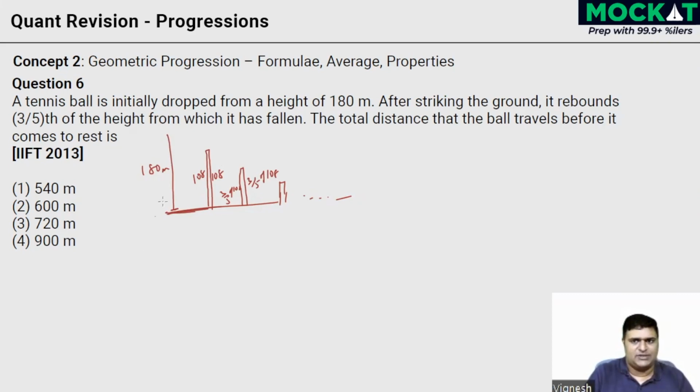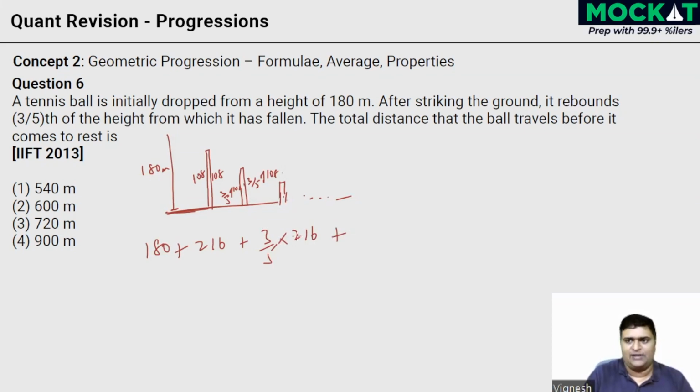So what is this sum we need to find? We need to find 180 plus 108 plus 108, which is 216, plus 3/5 of 108 plus 3/5 of 108. That is 3/5 of 108 plus 108, which is 216, plus, this should have been 3/5 of this total.